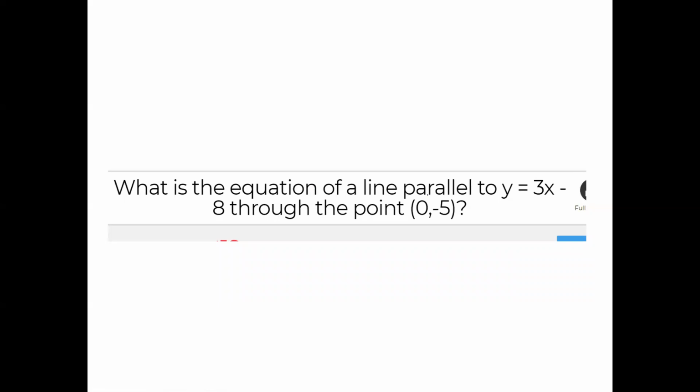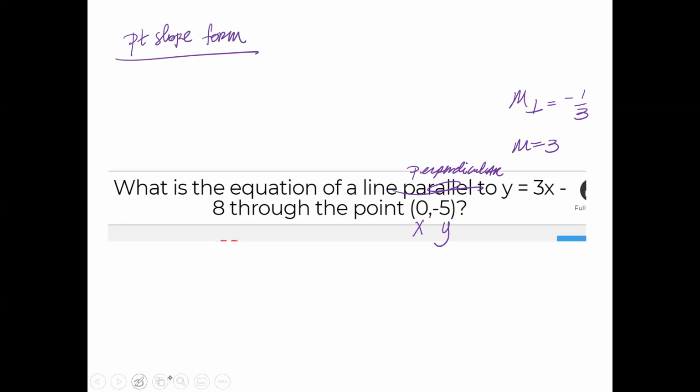Let's say hypothetically, say that instead of saying parallel, it says perpendicular. Let's just change it up a little bit. So write the equation line that's perpendicular to this, y equals 3. But if my slope is perpendicular to this, I will have to do the negative reciprocal, which means you flip it and you put a negative sign on it or opposite sign on it, okay? And your point is x, y right here. So let's go ahead and do that. So with this one, let's do point slope form instead of slope intercept form.